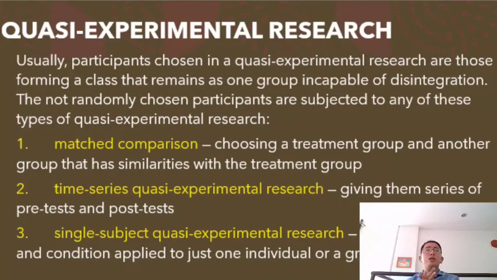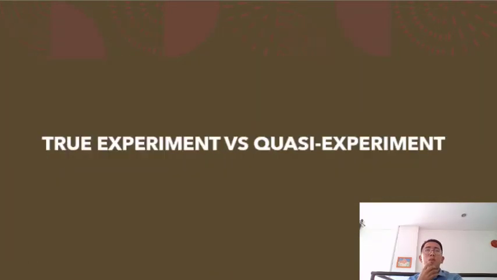All right, so we're here now at quasi-experimental research. But before we discuss the different types of quasi-experimental research, I think it's best for us to know first what could be the difference of true experimental research from quasi-experimental research, or true experiment from quasi-experiment.